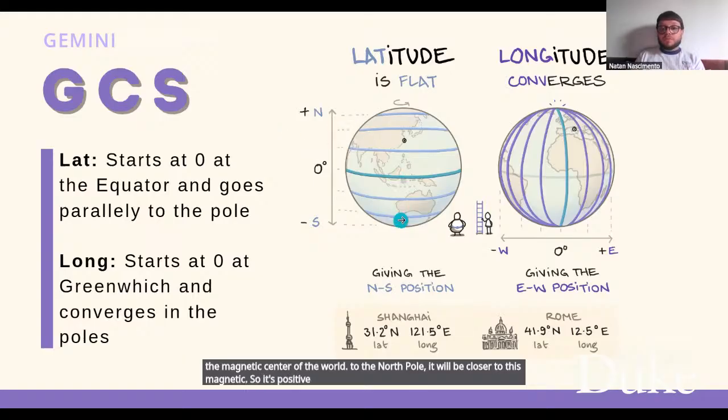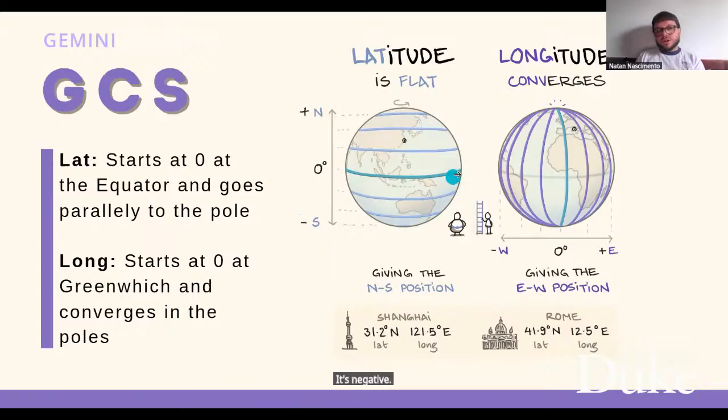And if we're going down, we're going further away from the magnetic pole, so it's negative. All starting at the equator. So equator is 0, and then we go from 0 to 90, up and down. So this is latitude. Latitude is always flat.